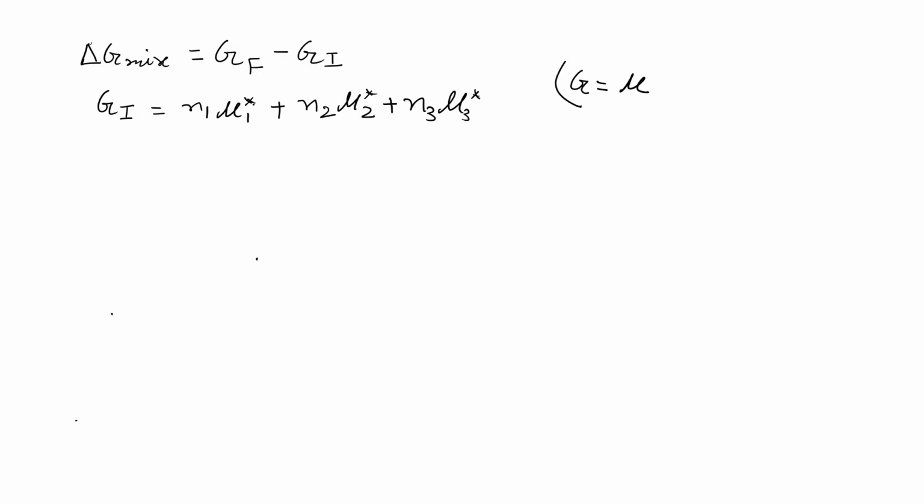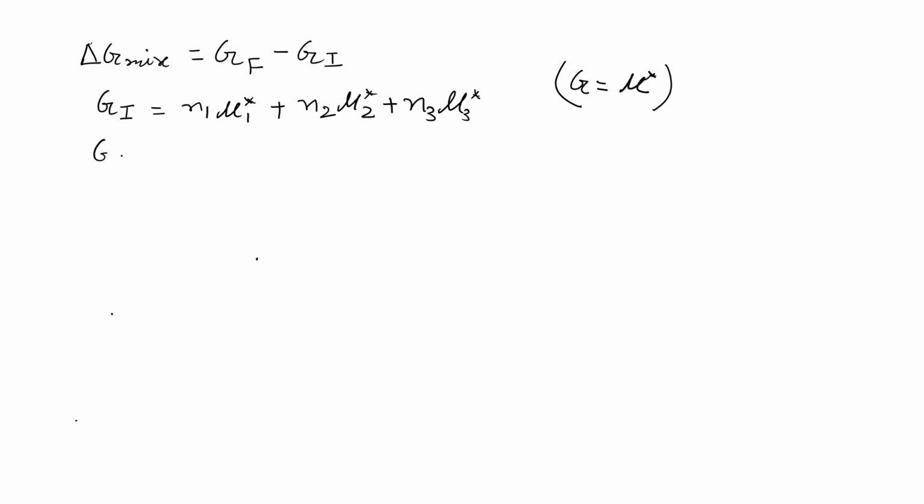Mu2 star is the chemical potential of this pure second gas, number 2 gas, like that it is number 3 gas. Okay. So this is for 1 mole. Here number of moles are N1 to N3. So N1 mu1 star plus N2 mu2 star, like that. Okay. So this is the pure state. We are denoting it with this star. Okay. Fine. This is for G initial.